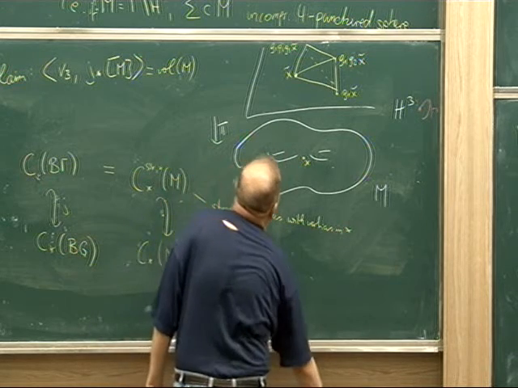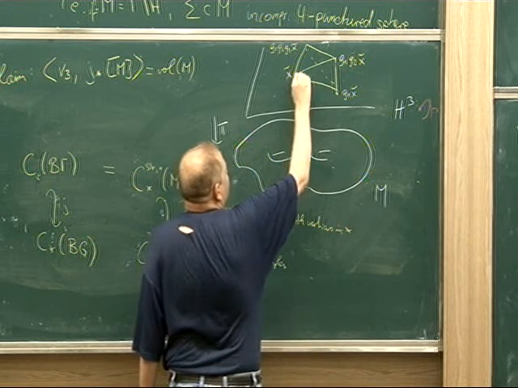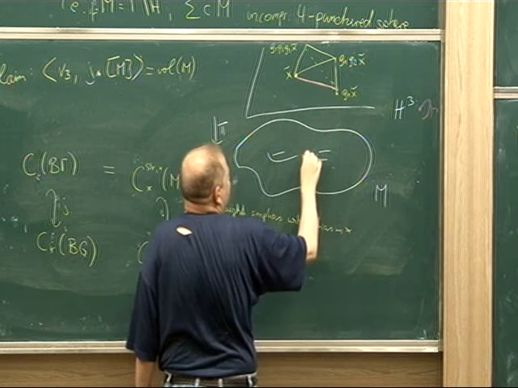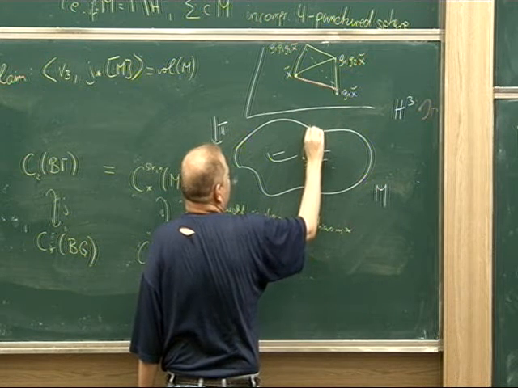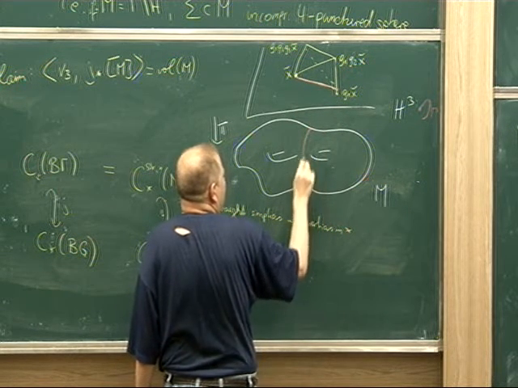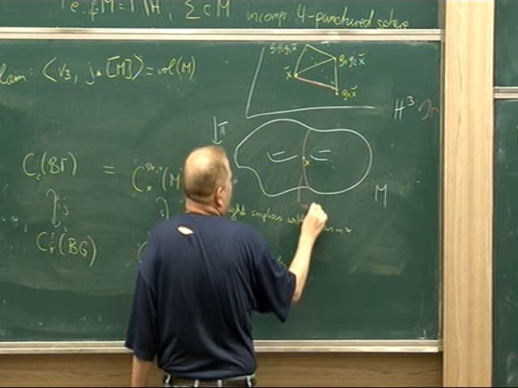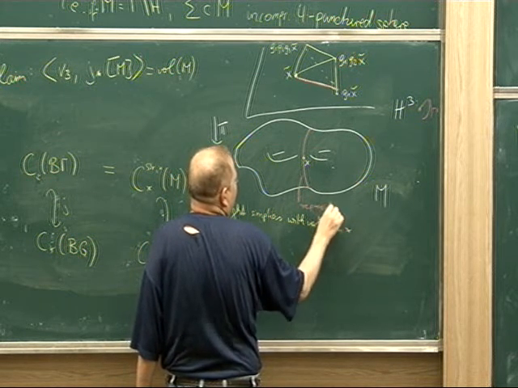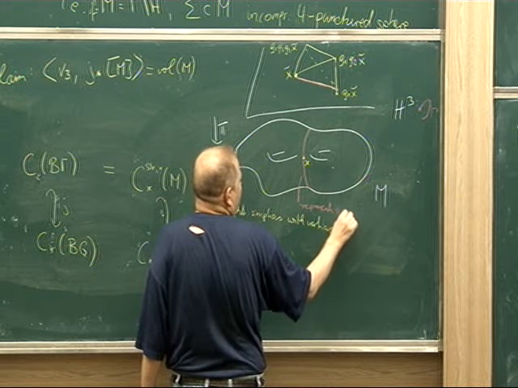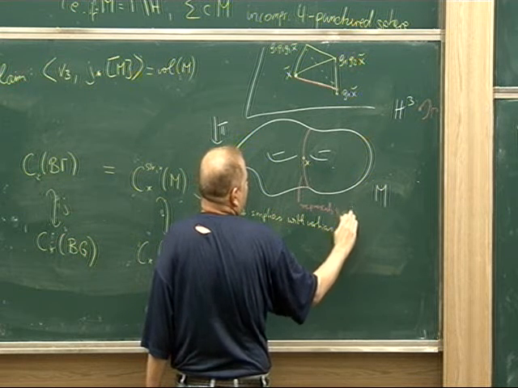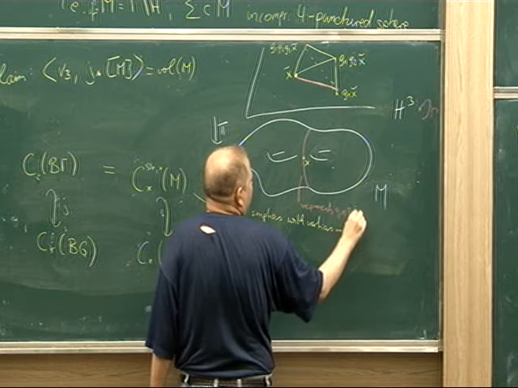For example, this sketch here is mapped to some loop representing g1 as an element of π1.